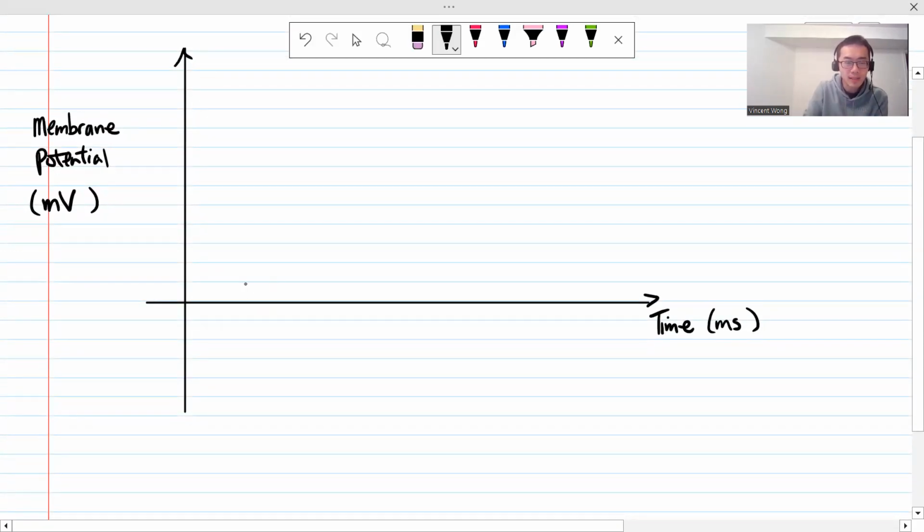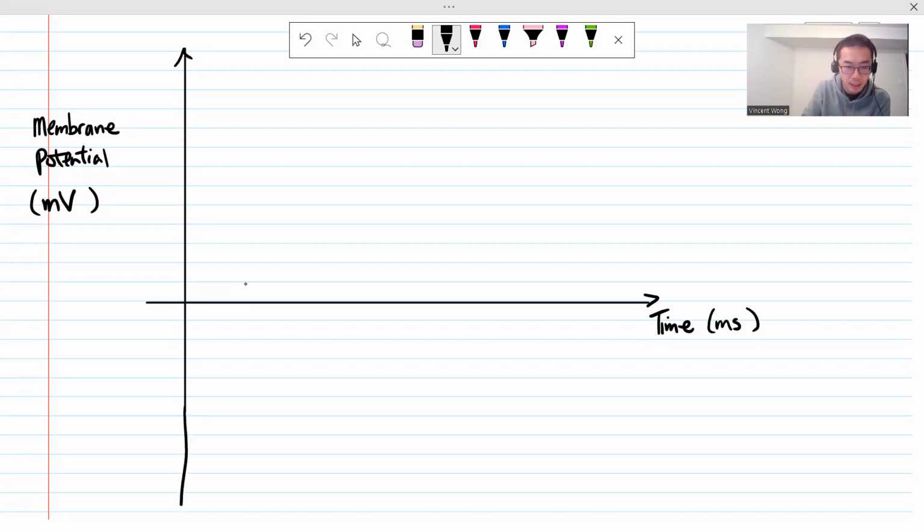On the y-axis, where do we start? This is not to scale, but it's not important. We're going to start at minus 70 millivolts. This is the resting potential.